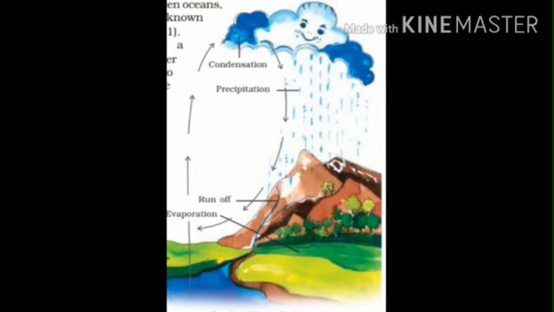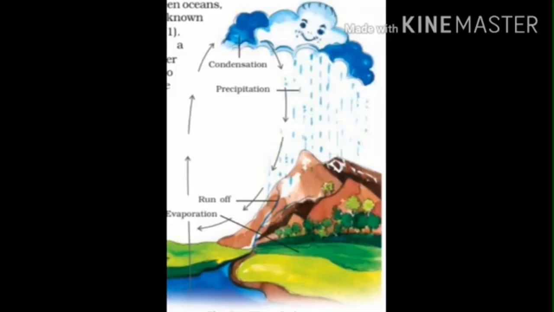Again I will repeat children, just make a note of it. Water changes from one form to another form. It goes into the atmosphere as water vapor, where it changes from vapor to clouds and then comes to the earth as rainfall. Then it flows into the river and freezes in the form of snow on the mountain peaks.